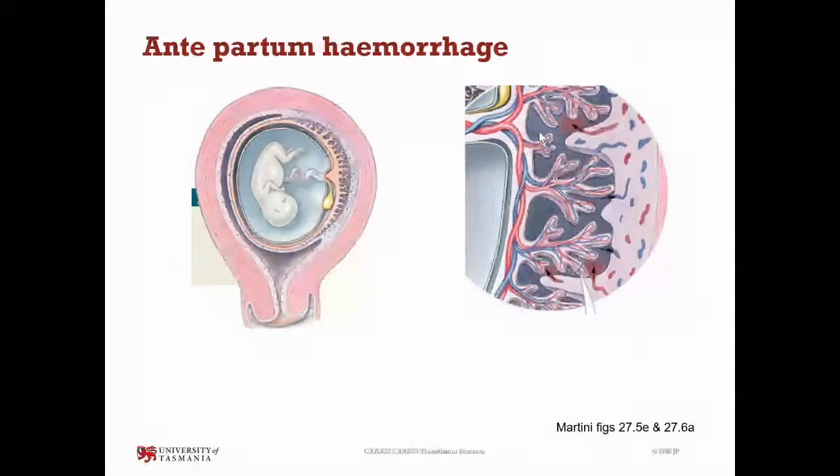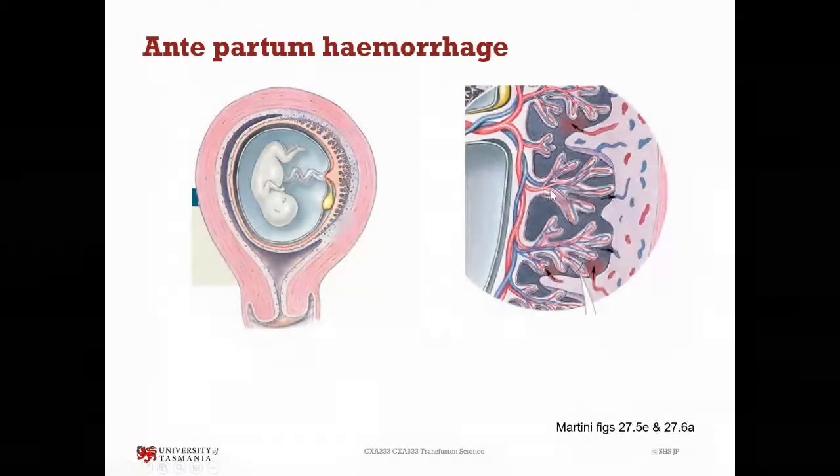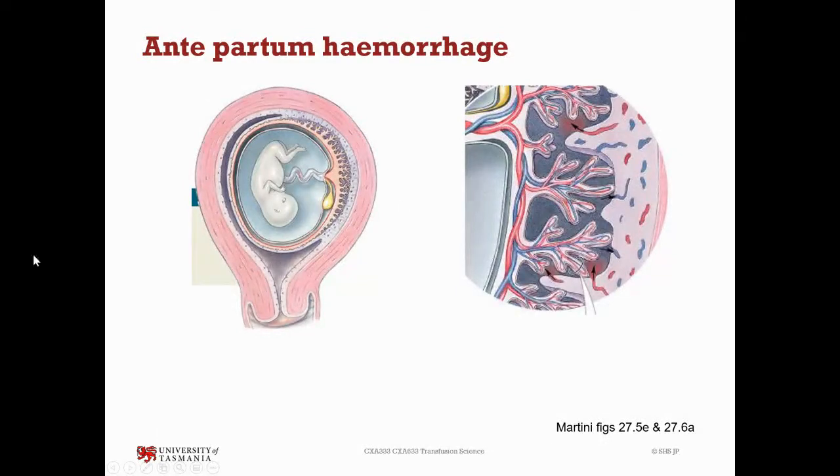So at no stage does the maternal blood actually interact directly with the fetal blood unless there is some sort of a hemorrhage along here. So unless there is some damage to the placenta that damages the chorionic villi, which allows blood into the maternal circulation.